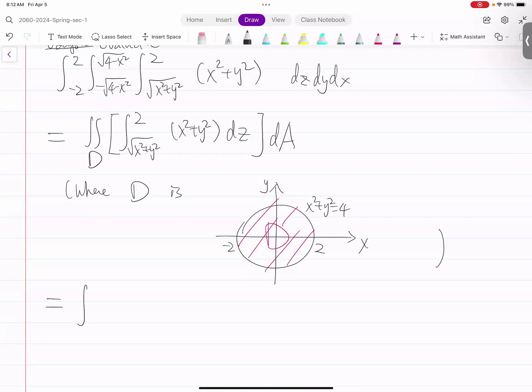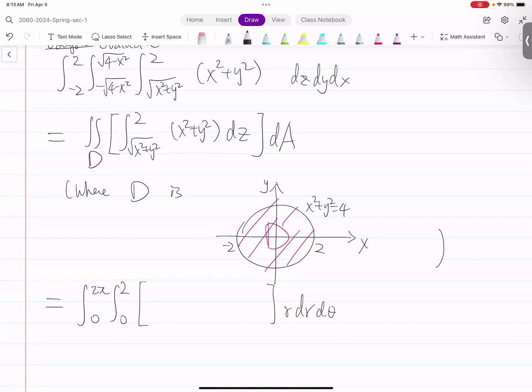We put theta from 0 to 2 pi, d theta, and r between 0 and 2, dr d theta. That's in place of region D and the way that we subdivide.